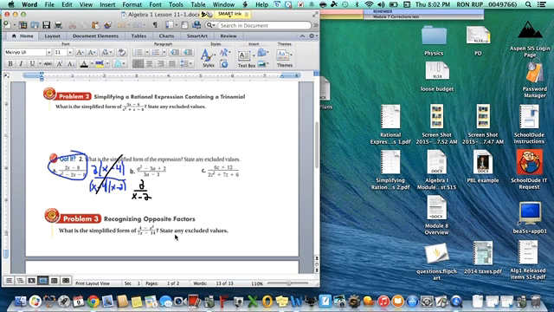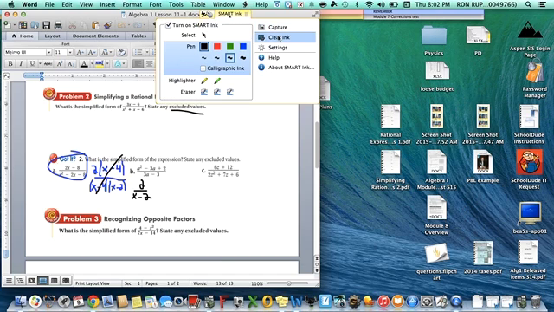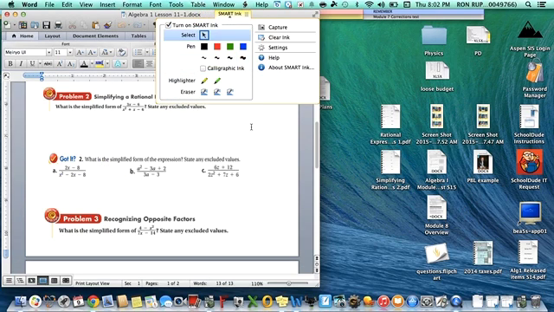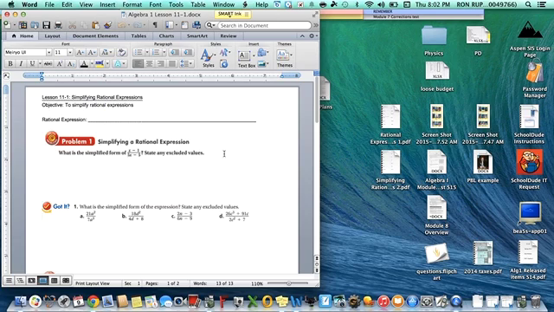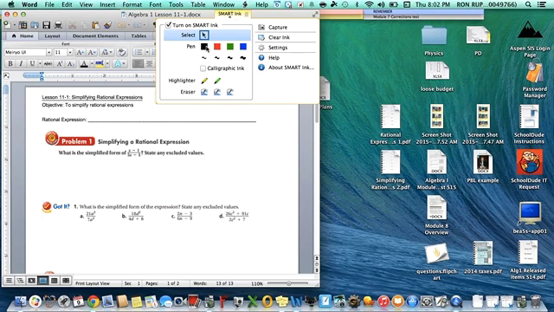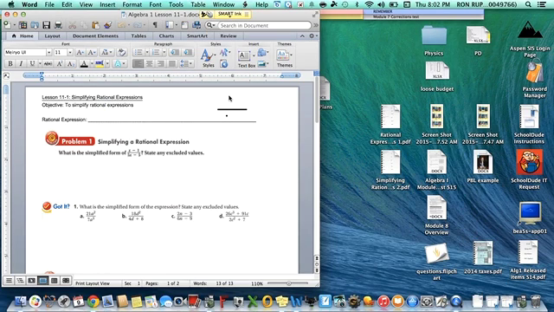There's just one little thing we need to add prior to moving on, and that is talking about excluded values. So what does it mean to be an excluded value? Well, if you think back, any fraction can exist so long as there is not what number in the denominator?